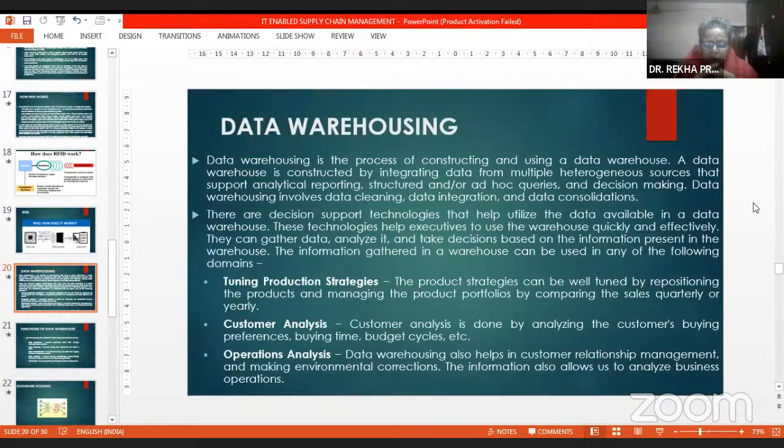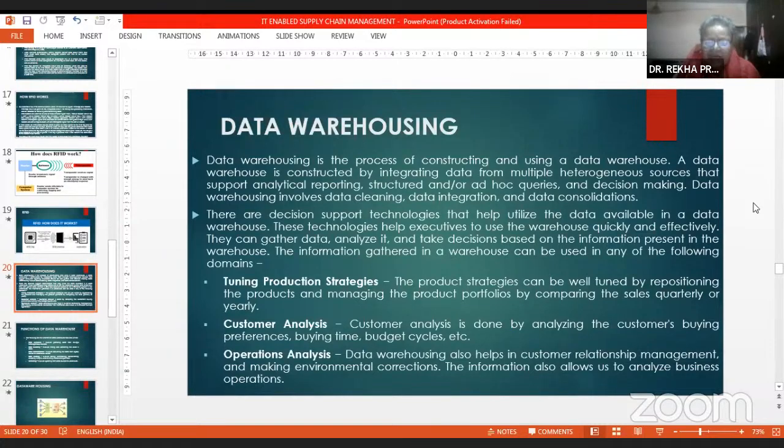So you can see how your sale is going on. Accordingly, suppose the sale is increasing, then you can increase your production. So you can change your strategies, from where to get the raw material, how much to produce, where to send and distribute it. All these things can be done with the help of information technology.